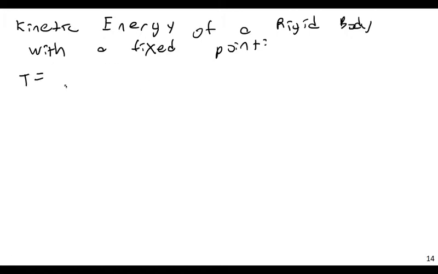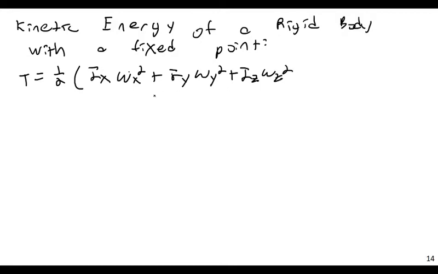And here, the total kinetic energy, T, would be equal to 1/2 times, here we have some more fun, I x omega x squared plus I y omega y squared plus I z omega z squared, and now here comes the fun part, minus 2 I xy omega x omega y, so we're going to see some parallels to what we saw previously for momentum, minus 2 I yz omega y omega z.